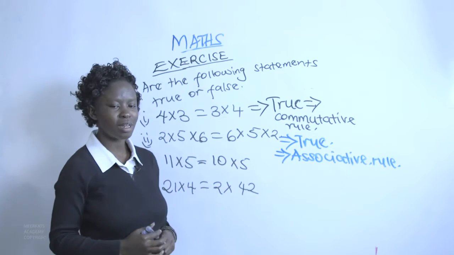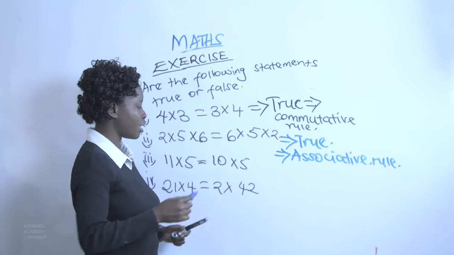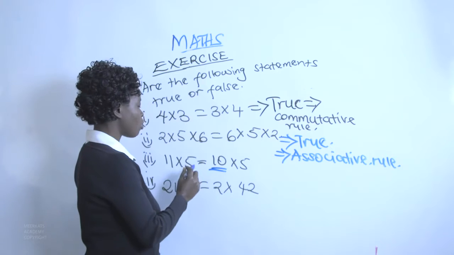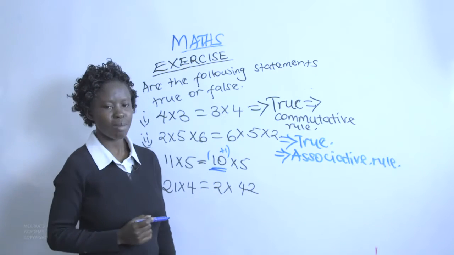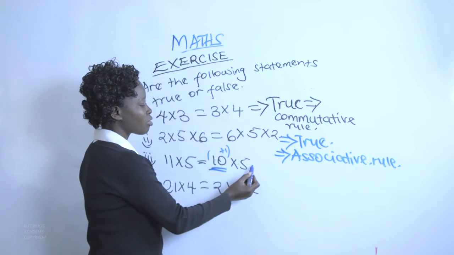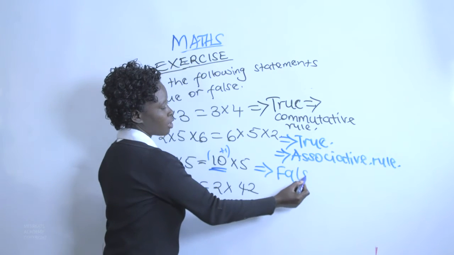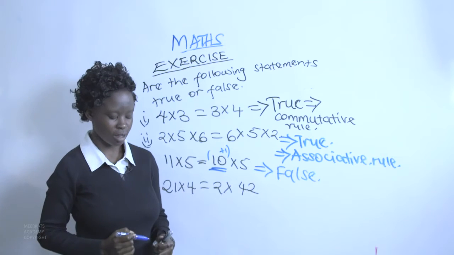So we find that the multiple of 10 we had is the number 10. Then with this 10, the mistake that was made, we were supposed to have 10 plus 1, then multiplied by 5. But in this case, there is no plus 1. So what does it mean? It means that this statement is false because there is a procedure that has been skipped in our statement.